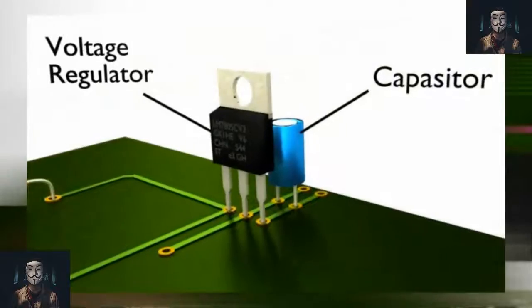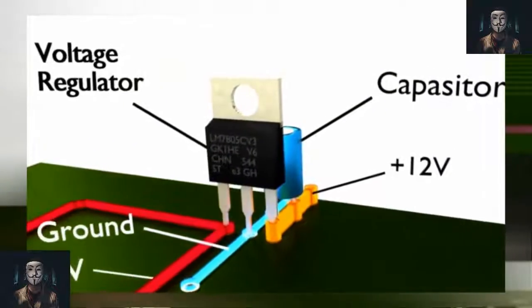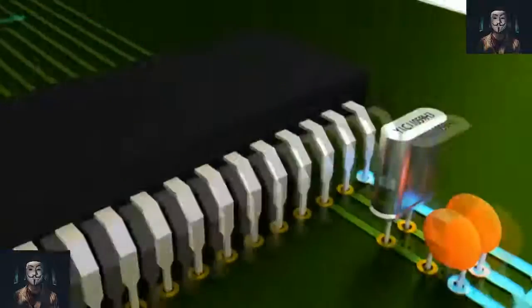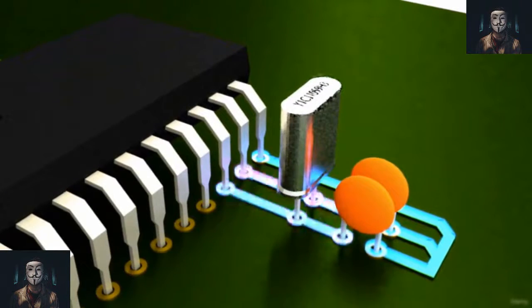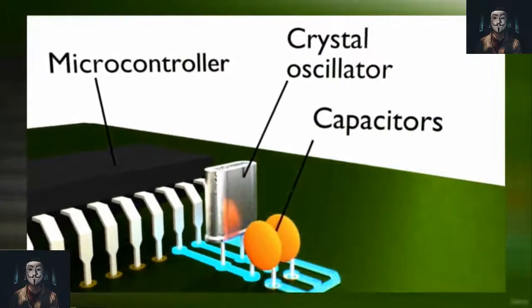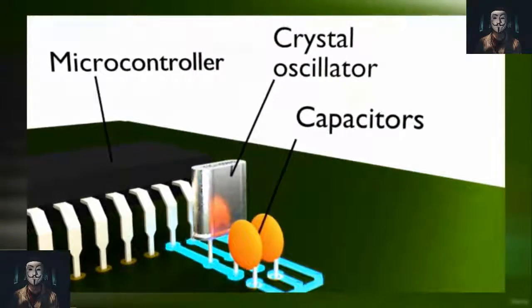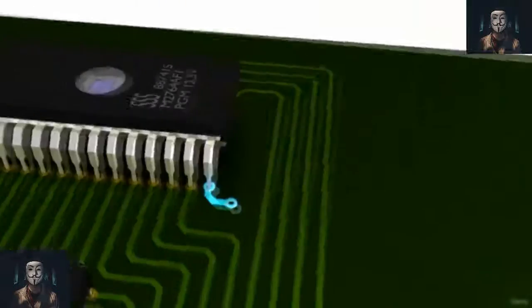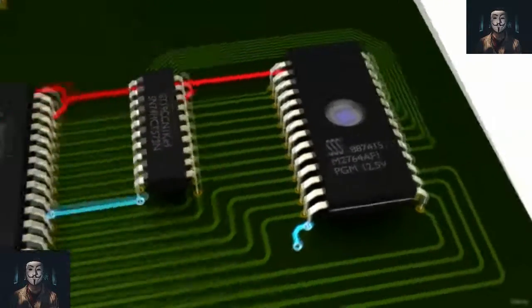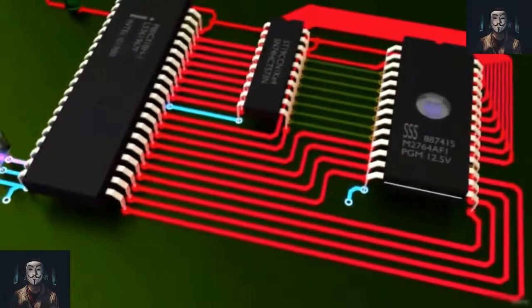A microcontroller is a compact integrated circuit designed to govern a specific operation in an embedded system. A typical microcontroller includes a processor, memory, input-output, and peripherals on a single chip, sometimes referred to as an embedded controller or microcontroller unit.